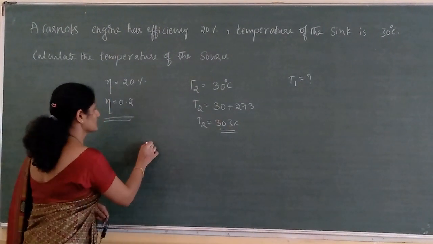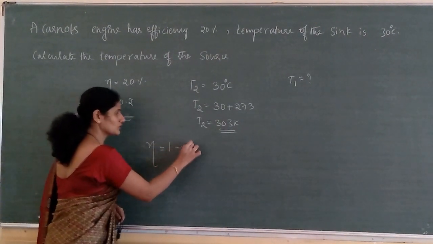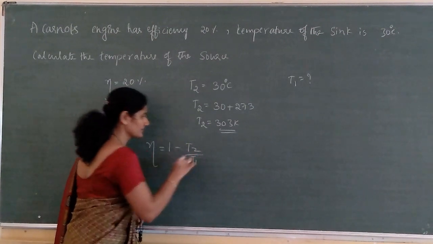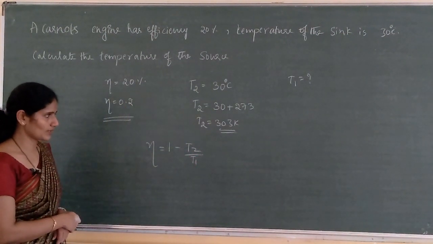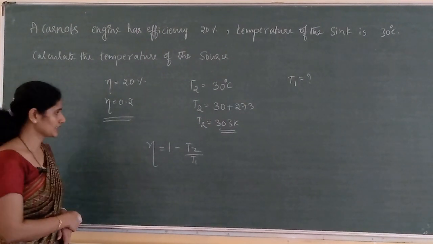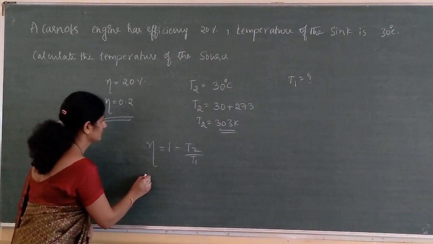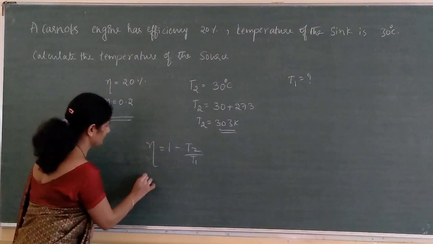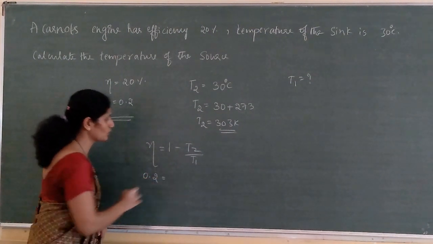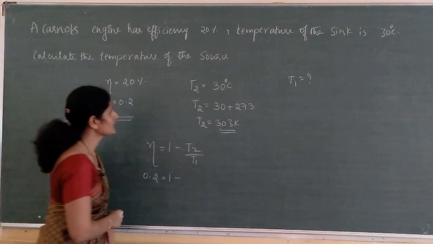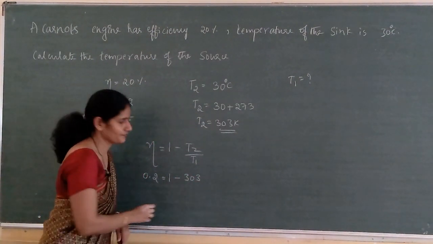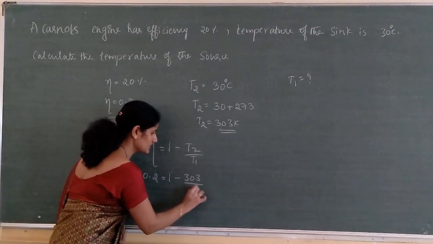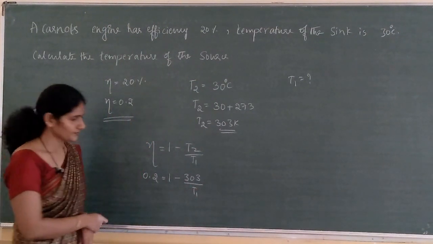Simple problem. So, we know that eta is equal to 1 minus T2 by T1. So, this is the formula. Eta 0.2 is equal to 1 minus T2 value, 303 Kelvin, divided by T1, right.